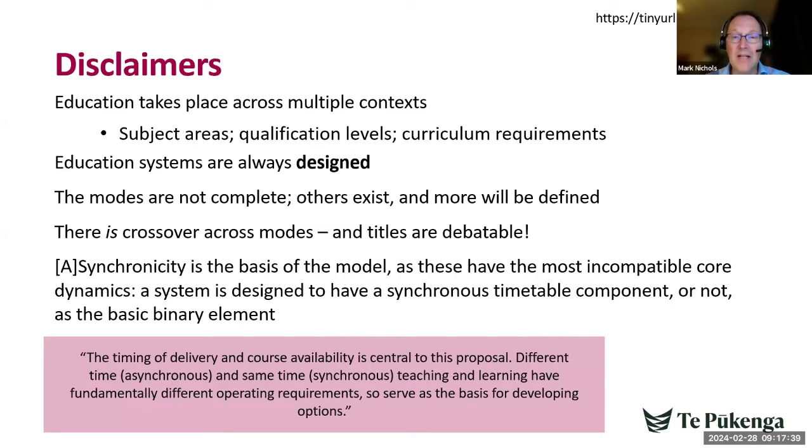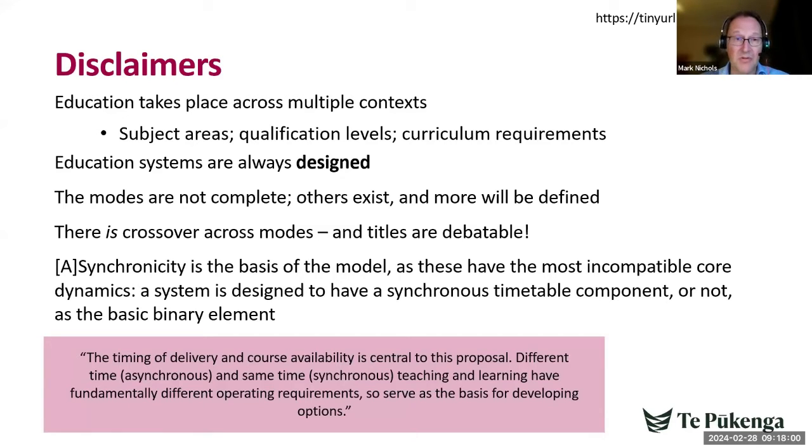We needed a way of providing some pivot point so that modes could be meaningfully categorized. And in the end, we opted for synchronicity, and that there's a binary between modes as to whether there's a timetable requirement in place or not. That's because whether there's a timetable in place, it's a foundational consideration for systems design and education.